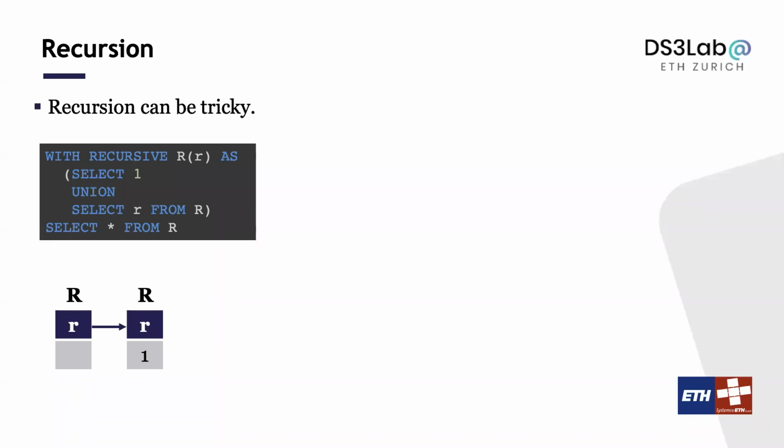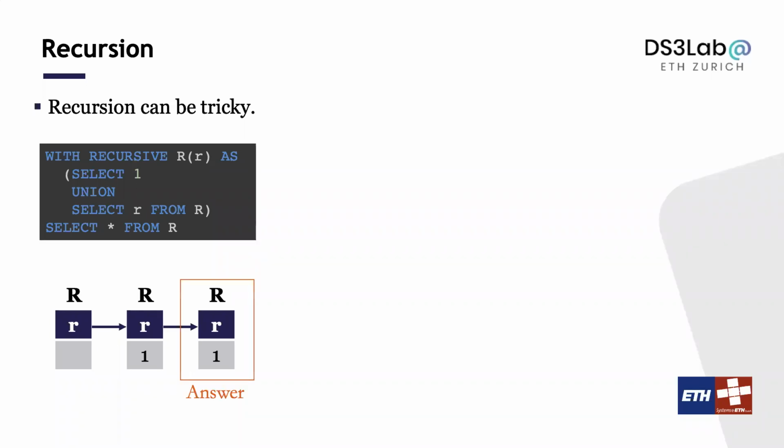And then the database is going to take the second R as input and run this query again. In this case, again you have one tuple, which is 1, and then the second query is also going to return 1, because 1 union 1 is also 1. So you get another relation with the content 1.